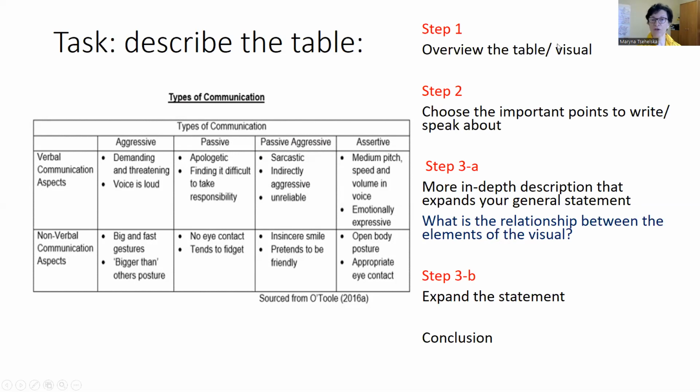What you do, you overview the table, you choose the important points to write about, you think about the relationship between the elements and expand the statement, and you provide the conclusion.